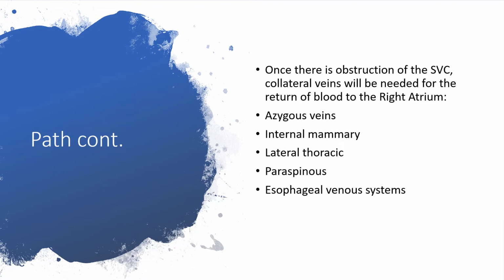Once there is obstruction of the superior vena cava, collateral veins will be needed for the return of blood to the right atrium. At that level, we'll need azygous veins, internal mammary, lateral thoracic, paraspinous, and esophageal venous systems.